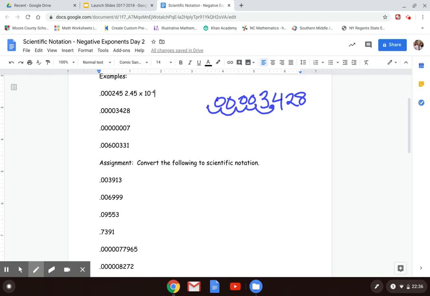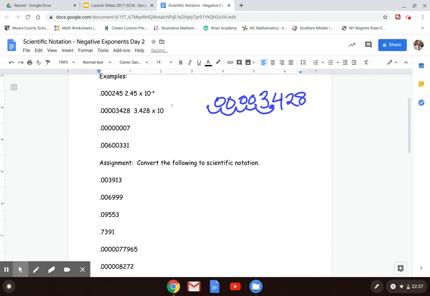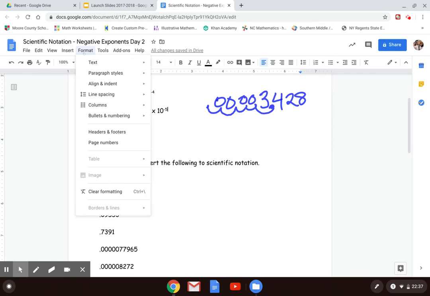Now I have 3.428. So what I'm going to write then is 3.428 times 10, and this one's going to be to the negative fifth power. So that's how we're going to do that one.